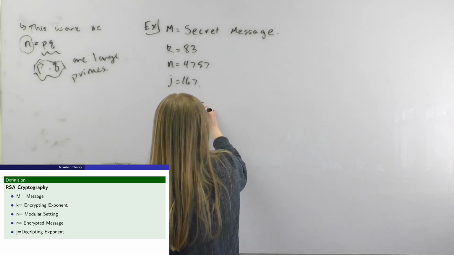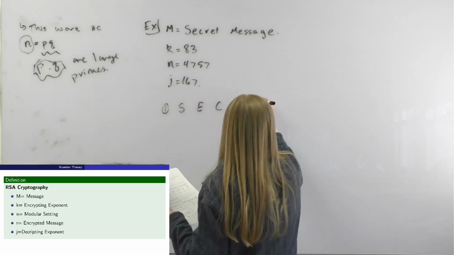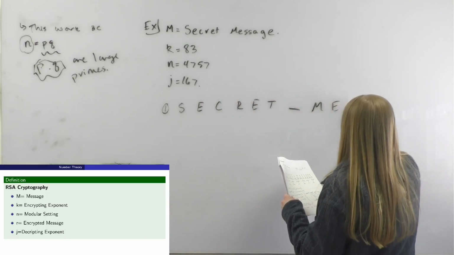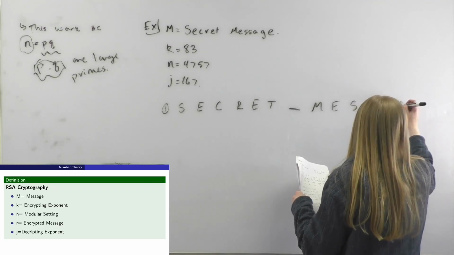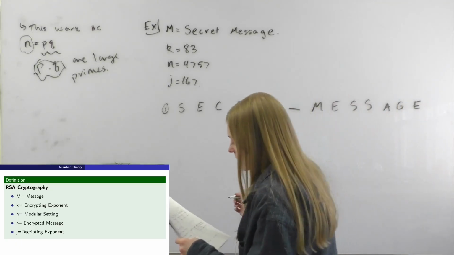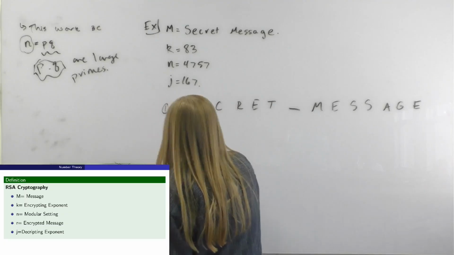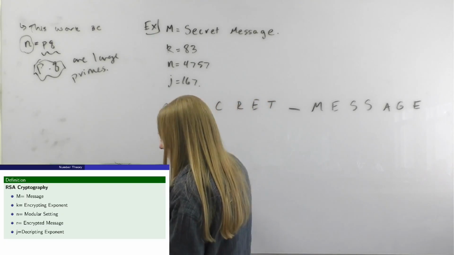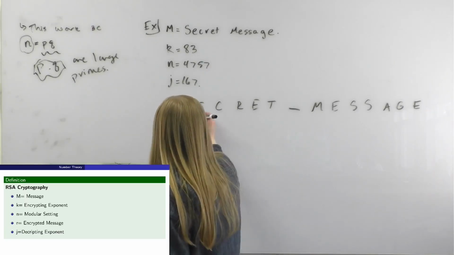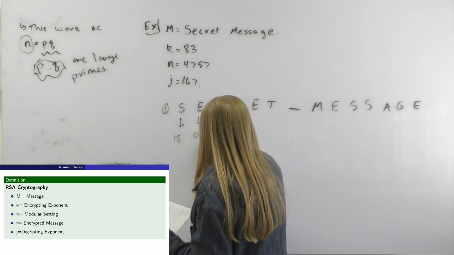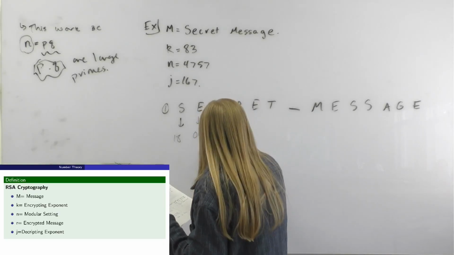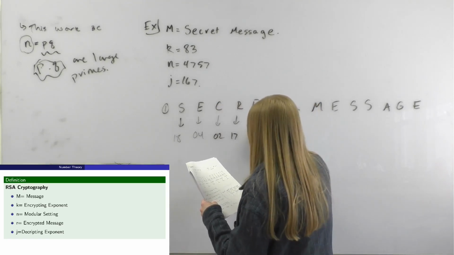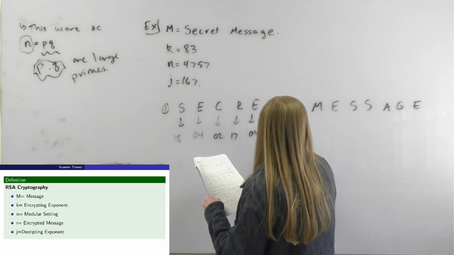Okay? So the very first thing we're going to do is take secret message and space it out properly. Secret space message. Okay, so we have secret message. We're going to just use our numerical versions of these letters like we have been doing. So S is 18, E is 04, C is 02, R is 17, E is 04, T is 19.